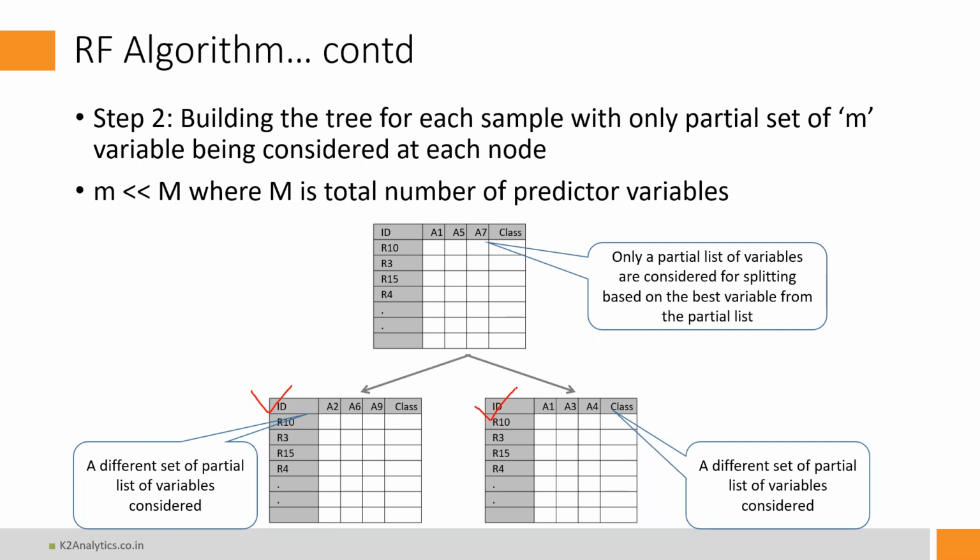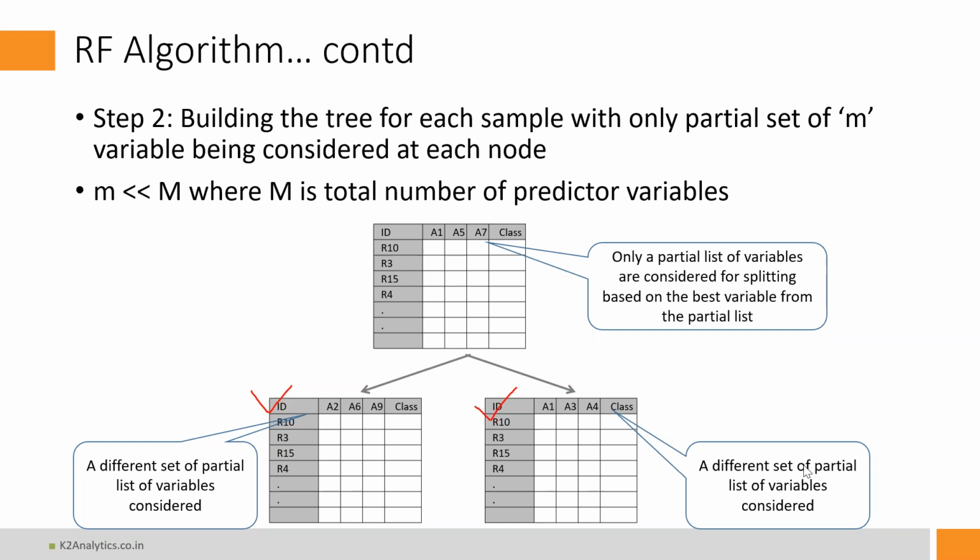So again, a random 10 will be selected. You will find the best Gini gain split, you get child nodes, again random 10, and this process goes on for dataset 2 till stopping criteria is met, and then for dataset 3, 4, 5, ... dataset n. This is how you create n classification tree models.